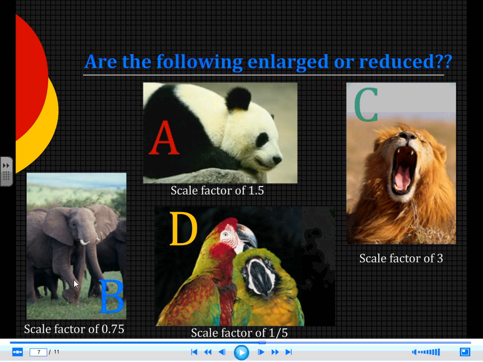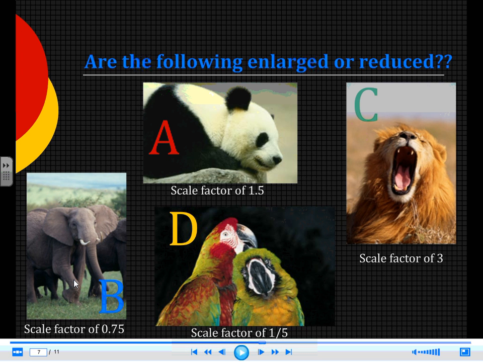All right, so are the following enlargements or reduced? So, for example, the first image is a scale factor of 1.5. So for A, was that an enlargement or was that a reduction? Enlargement.